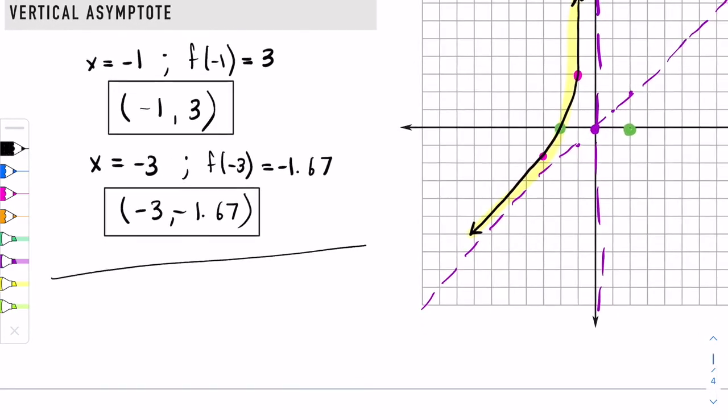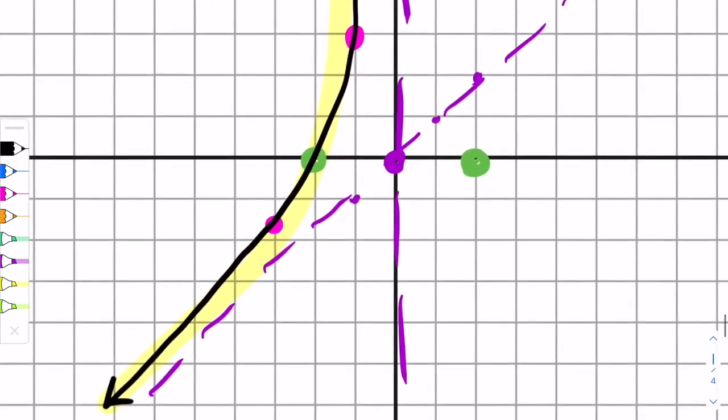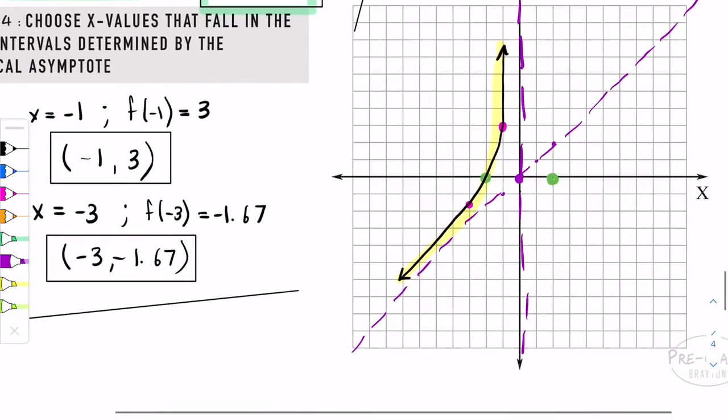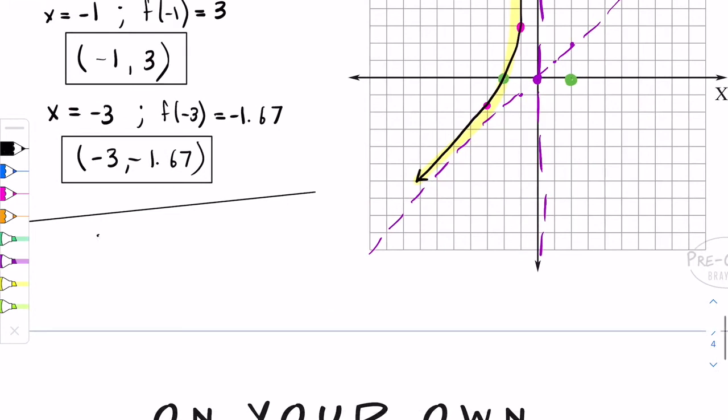So next I need to test points somewhere in this area, so either 1, 3, or 4. I'm going to show you when x is equal to 1 and you substitute that into the original function, your output is -3. That gives you an ordered pair at 1, -3. And I also tested when x is equal to 3.